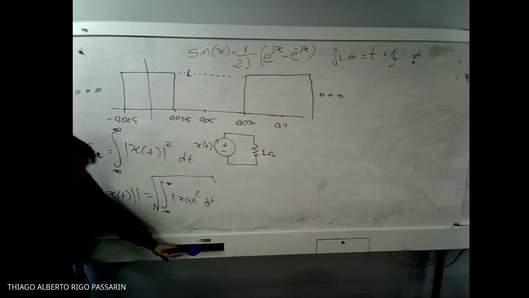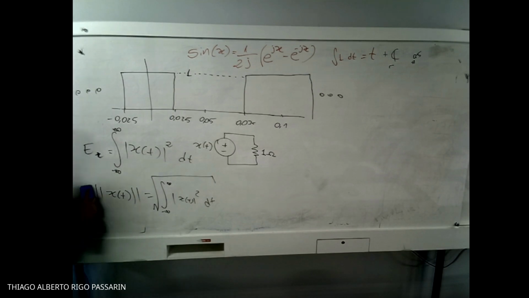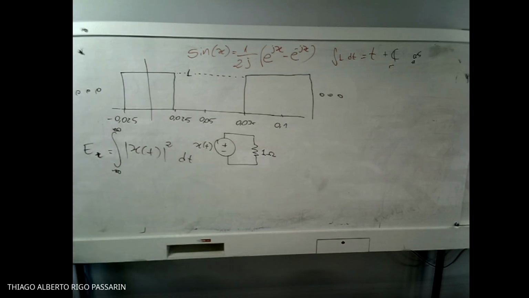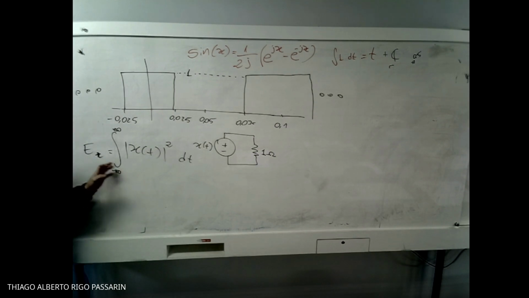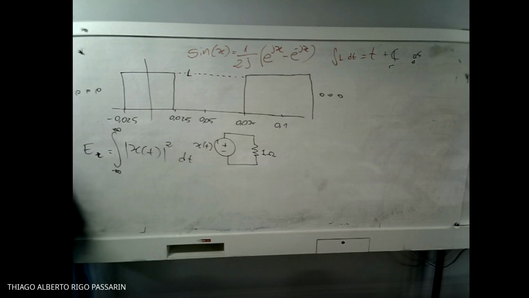In any other field, you may find this term, the energy, as the squared norm. It's a measure of information of the signal, and it's also a measure of difference between signals. I measure the energy of the difference of two signals. The higher the energy, the more different they are.